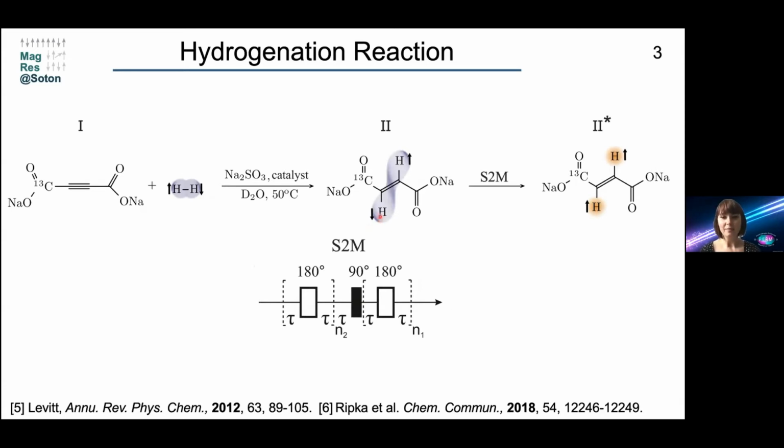Fumarate protons are chemically and magnetically equivalent, unless there is a carbon label present, which allows us to break that symmetry and access the singlet order. We've done that by using the S2M pulse sequence.